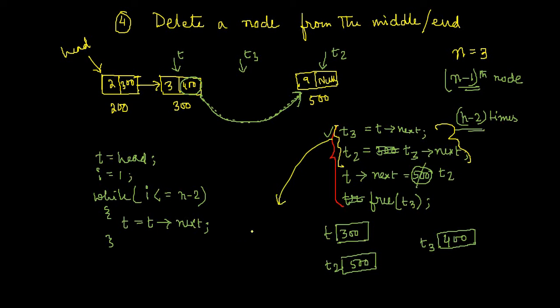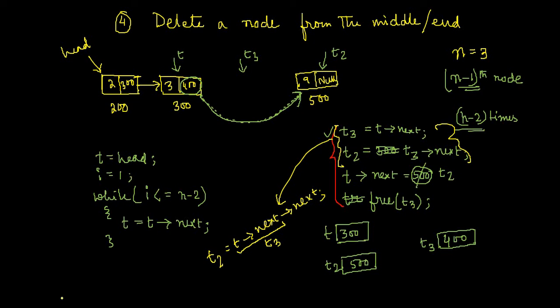as T2 equal to T next next. This T next is representing T3. So T3 next.